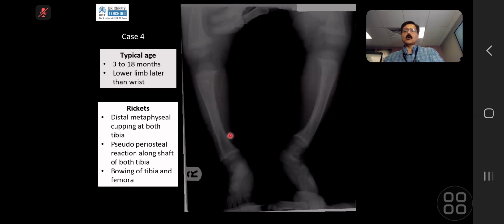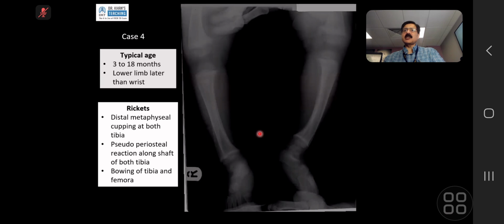This is normal bone metabolism. In rickets, this new bone, which we call osteoid, is deficient of calcium and appears loosened. So the periosteum is high density and the new bone formation is low density, and it can give you a pseudo periosteal reaction. It is a pseudo finding.